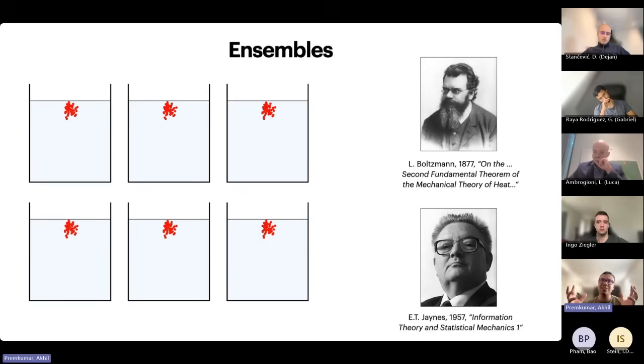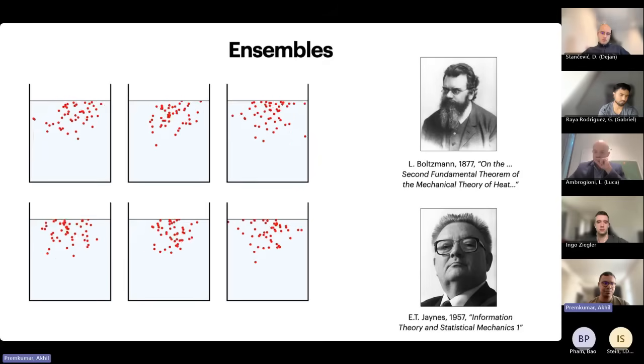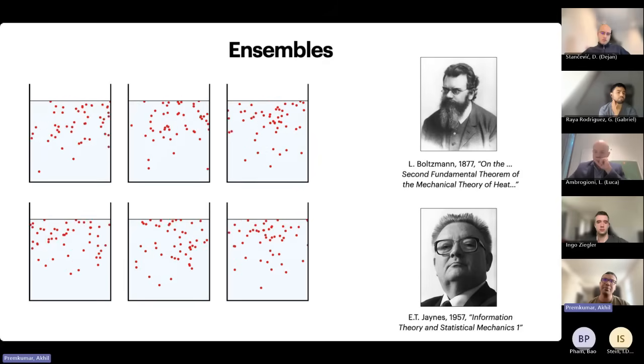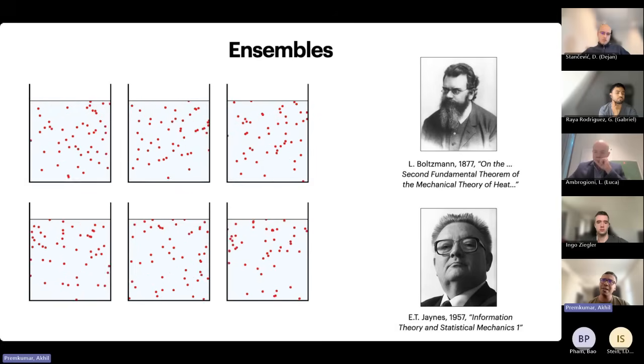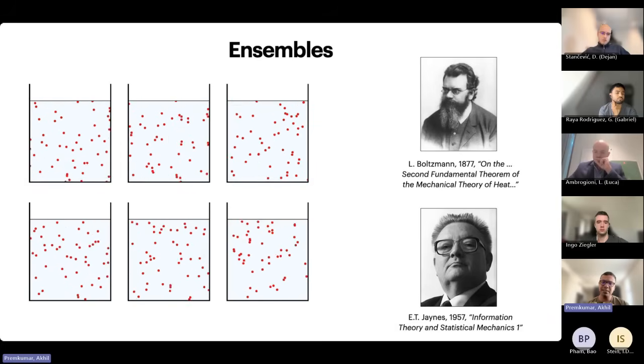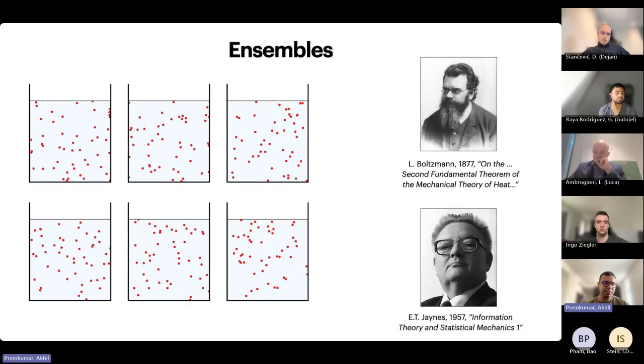And you have to also imagine that there is a very large number of these, not just 6. So I start from the same state and I let each of these systems evolve under their diffusive dynamics. And if you wait for some time, you find that these ink particles get kicked around by Brownian noise and equilibrate to fill up the space available to them, right?